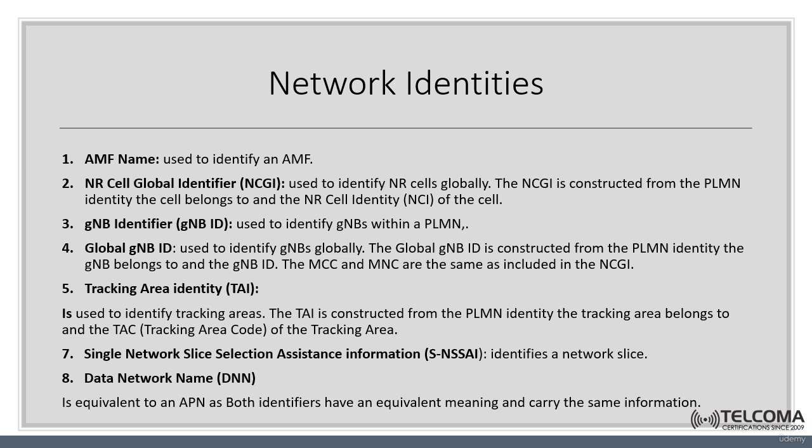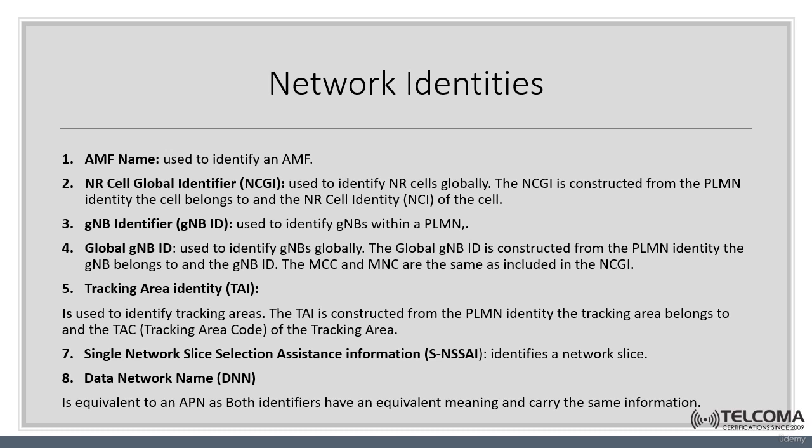The second network identifier is the NCGI, the new radio cell global identifier. And this one is used to identify the new radio cells globally. The NCGI is constructed from the PLMN identity, the cell belongs to, and the new radio cell identity.